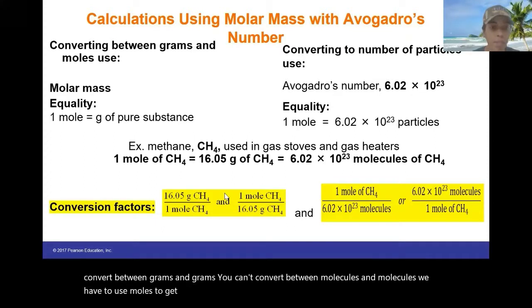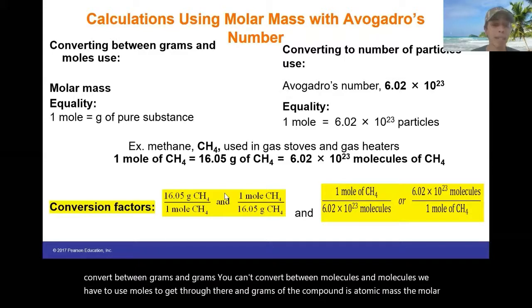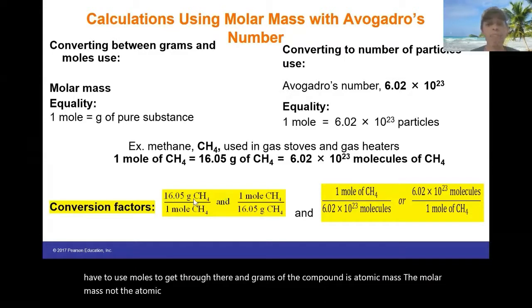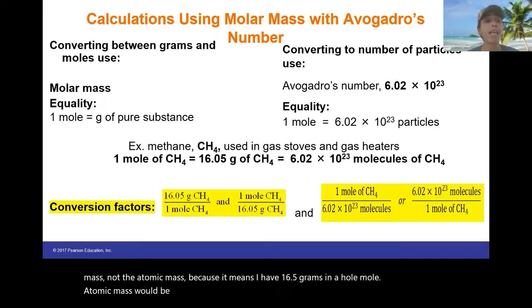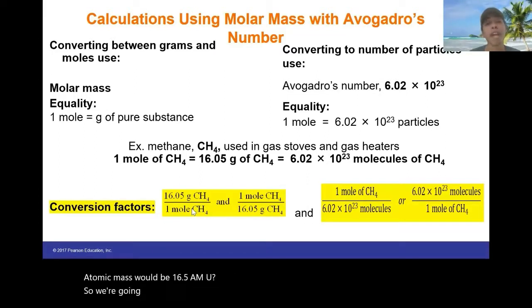And grams of the compound is the molar mass, not the atomic mass, because it means I have 16.05 grams in a whole mole. Atomic mass would be 16.05 AMU. So we're going to use the conversion factor depending on which direction we're asking for.